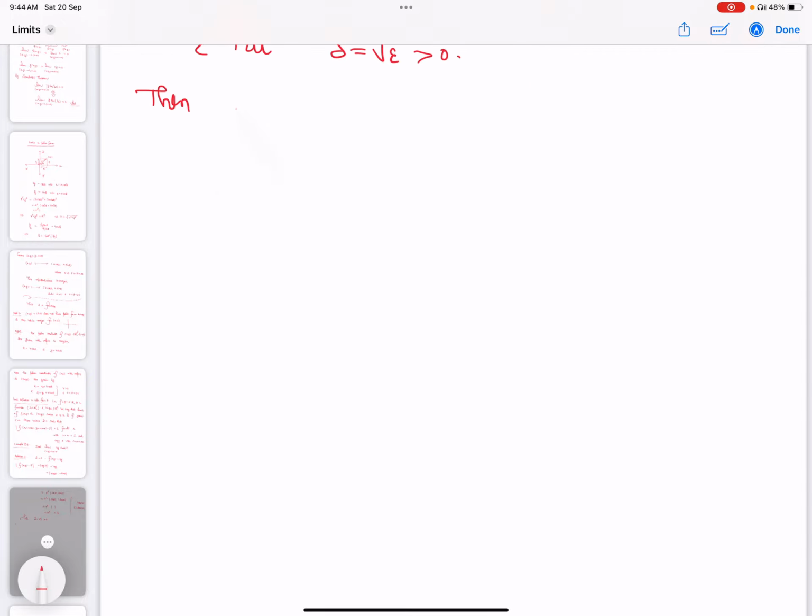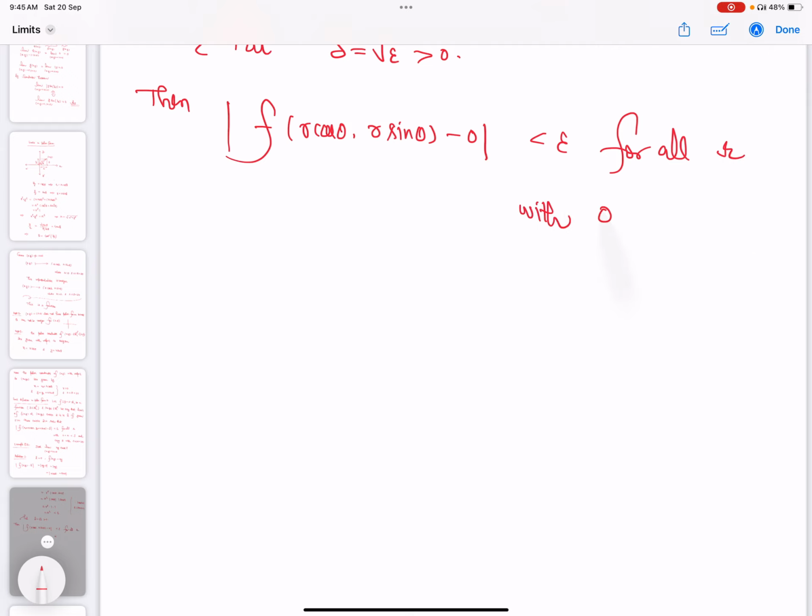Then the modulus of f(r cos theta, r sin theta) minus L is less than epsilon, where L is 0, for all r in this range and any theta in this range.